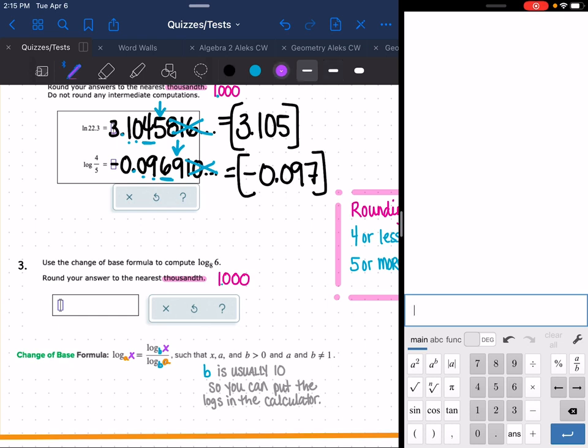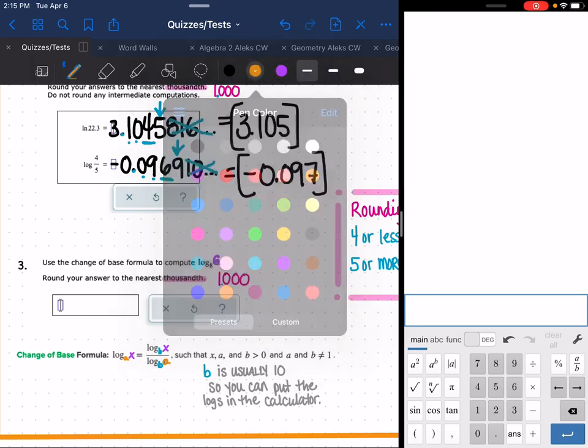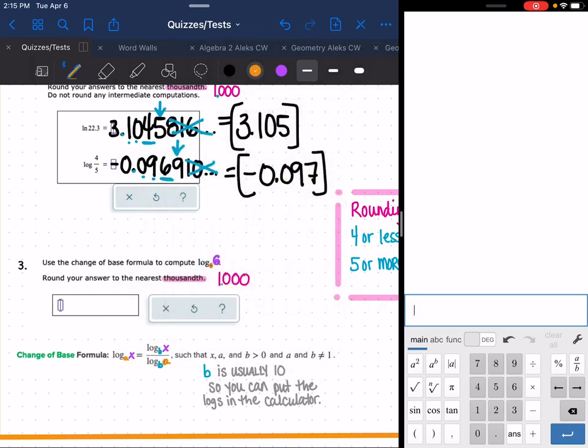Let's see. The 6 is going to be in purple, and the 8, sorry, the 8's got to be in orange. Now, this is very tricky because notice this is this right here. Okay, and so I want to use that. And then what I'm going to do is change it to this.